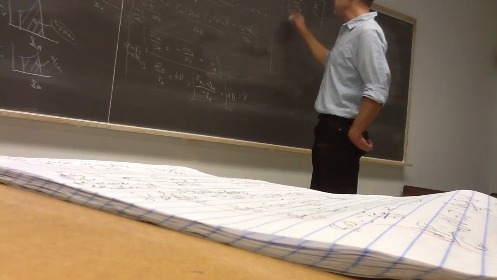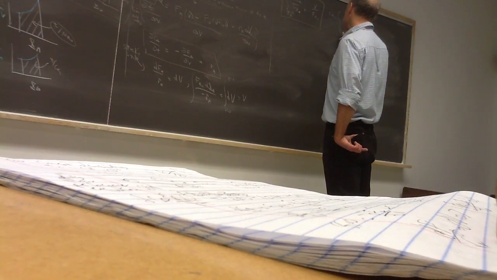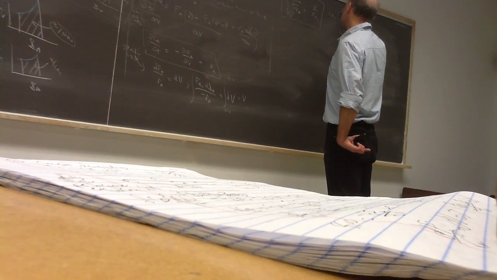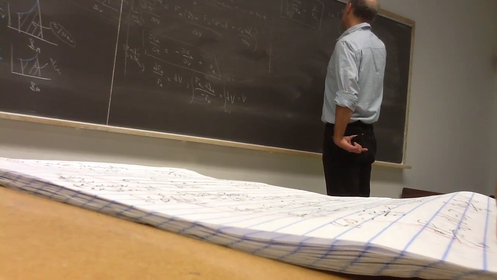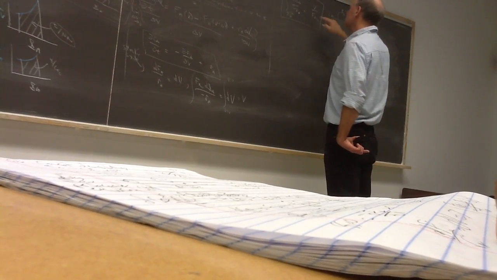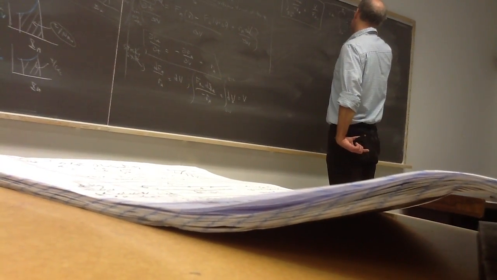And if you like, you can multiply both sides by CA0. And you get CA0, the integral from XA in to XA out, dXA over minus RA is equal to CA0 V over FA0, which is tau 0.